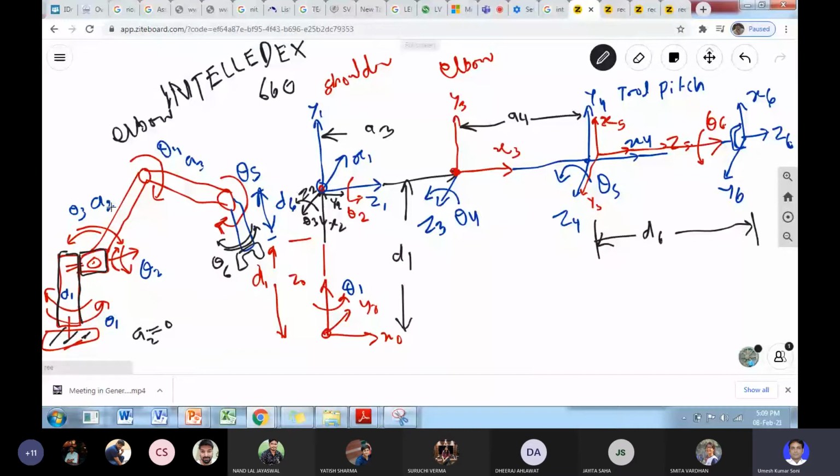Okay, so this is the elbow joint here. After the elbow joint, you get a fixed length link, A4. Before the elbow point, you have the fixed length link A3. The distance between the two origins here you can see.